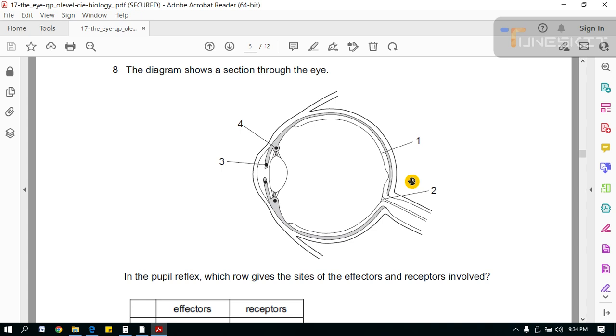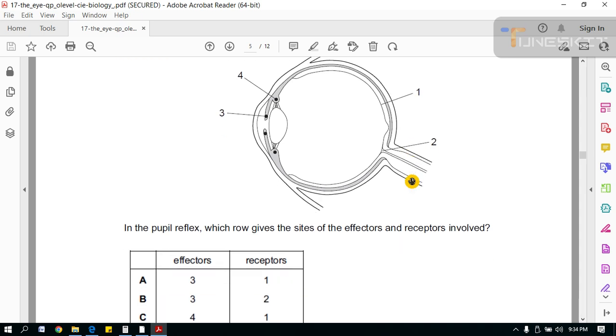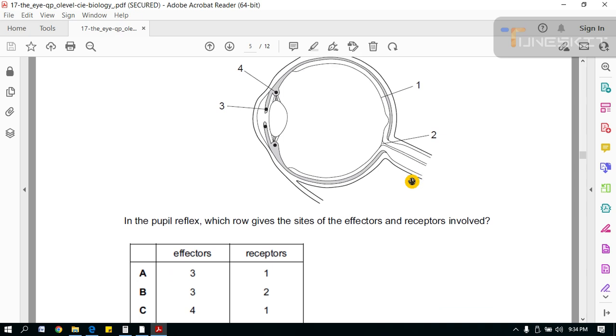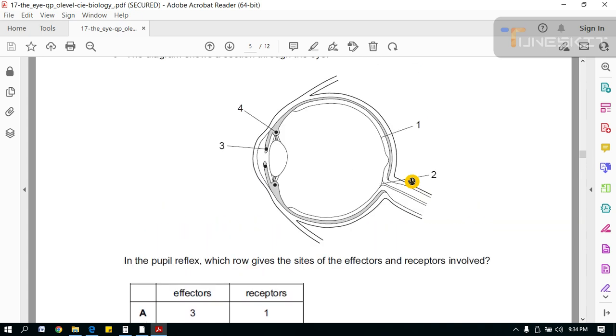So the first thing is you have to label all these 4 parts. What are these different parts which are here?